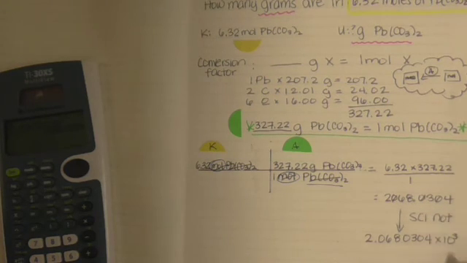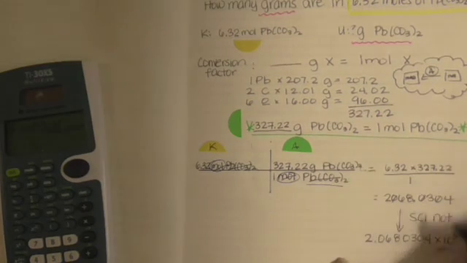We moved it 3 places, and the original number was bigger than 1, so we're going to leave that there. And then we don't want to forget our units, because without units, our answer is not correct.